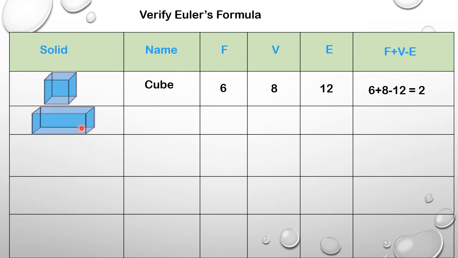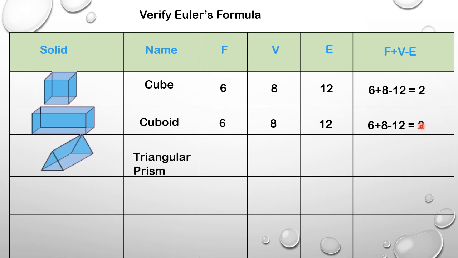Then for the cuboid also we have already found it. 6 plus 8 minus 12 is equal to 2. The next shape is the triangular prism. For this one also we have done it. So 5 faces, 6 vertices, then 9 edges. So 5 plus 6 minus 9 is equal to 2.